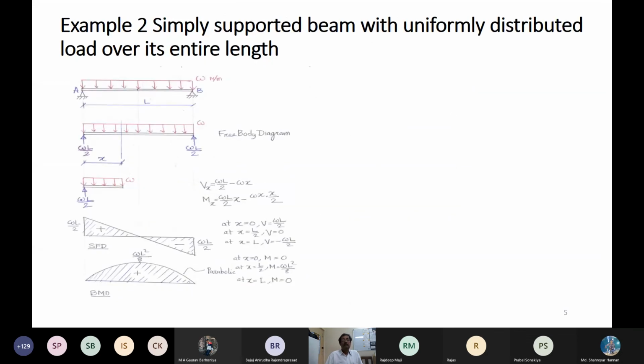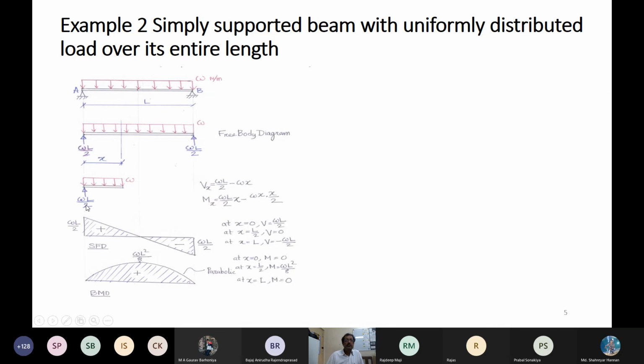No more teaching. It is self-evident. You have a uniformly distributed load. Do it yourself. What I have forgotten here is the V force, the shear force, and the M1 force. So V downward, M like this. I have written the equations correctly, but I forgot that. For shear force Vx down, how will you write the equation?